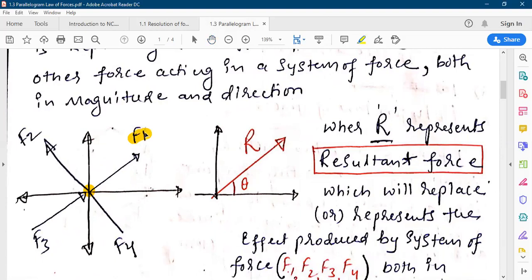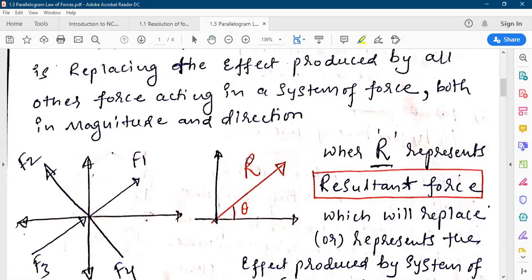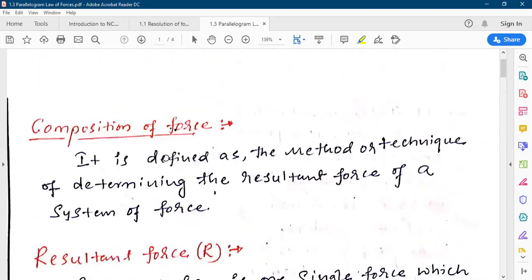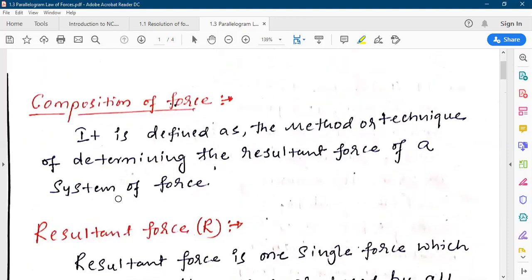You can see here forces F1, F2, F3, F4. Four forces are acting, so all these forces together will be called a system of force. This system of force can be resolved into a single force, and that force will be called the resultant force. So now let us define what is composition of force and what is resultant of force.